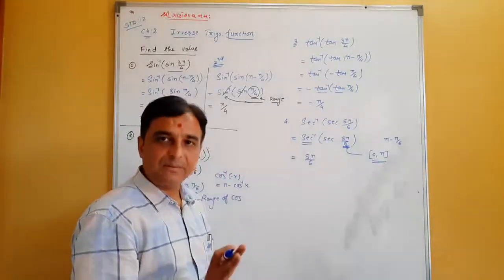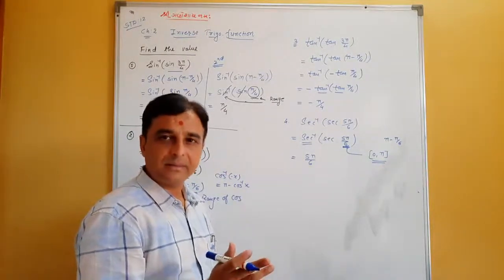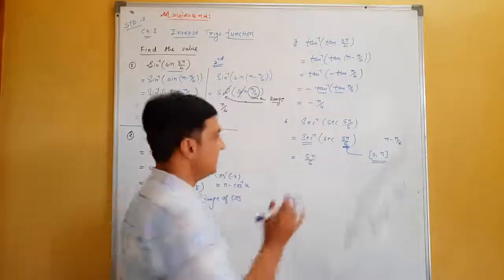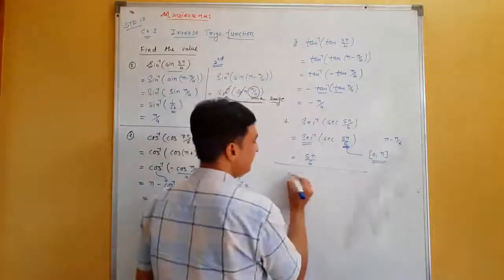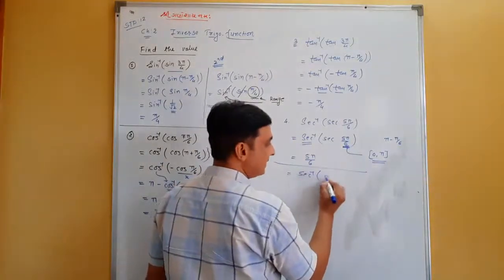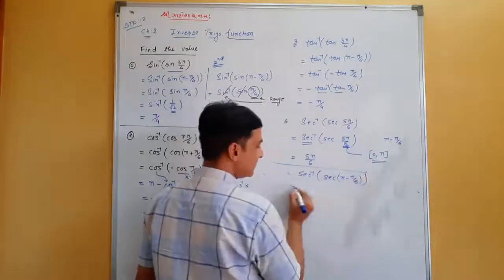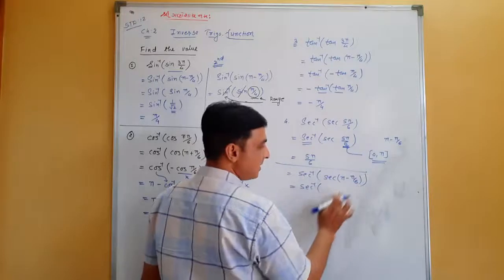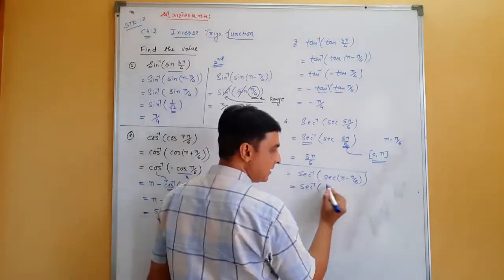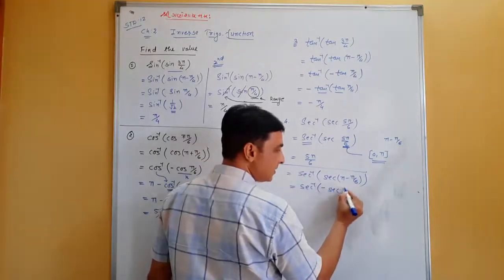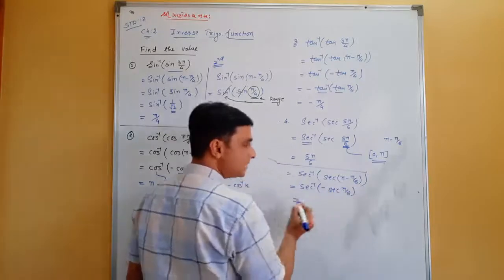If you are simplifying it, then it doesn't matter. The answer will be the same. See, check. If we do it like that, sec inverse sec of pi minus pi by 6, pi minus is second quadrant, sec is negative, so minus sec pi by 6.